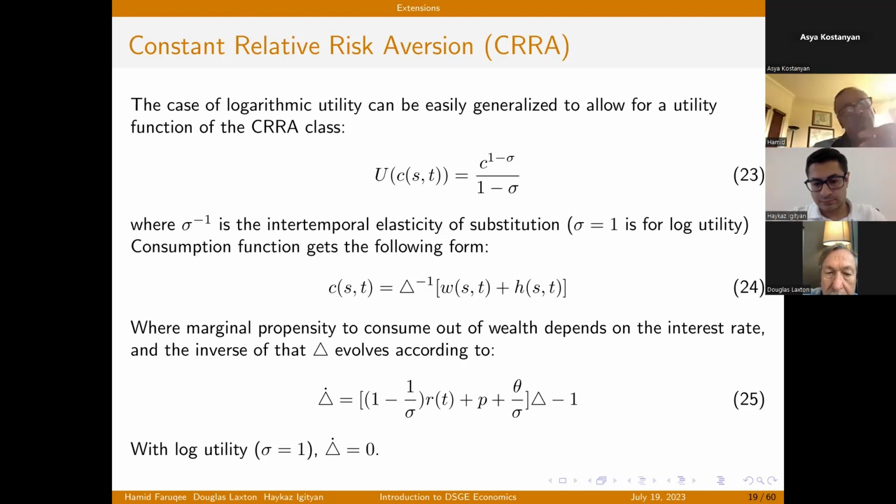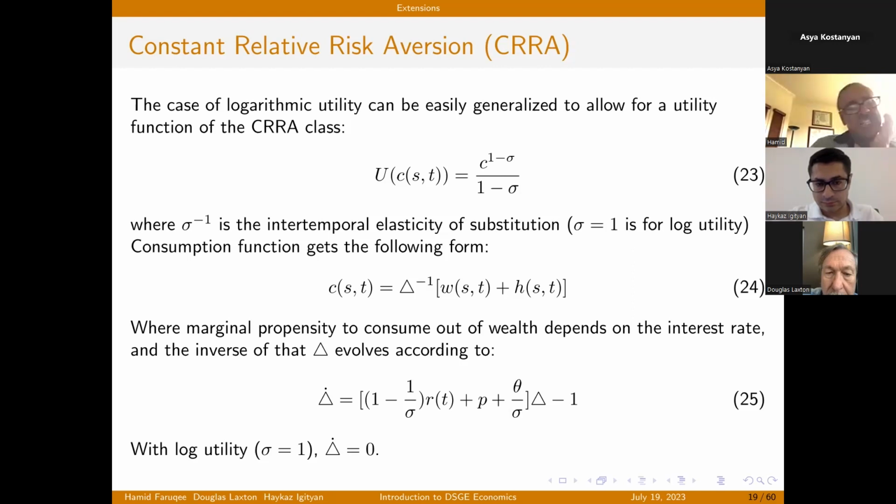But if you were to relax that assumption, you would get a slightly different equation where the marginal propensity to consume out of permanent income is not a constant, but is this delta to the -1 term, where the interest rate enters into the marginal propensity to consume out of that permanent income, out of that financial and human wealth.